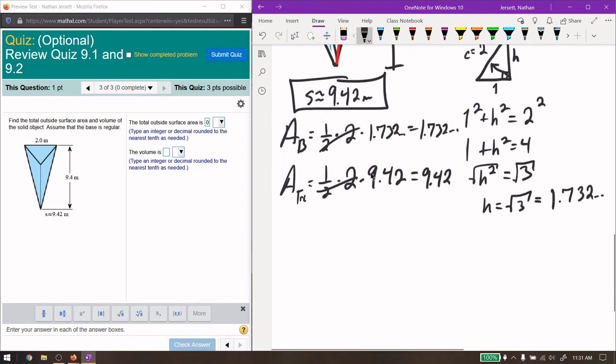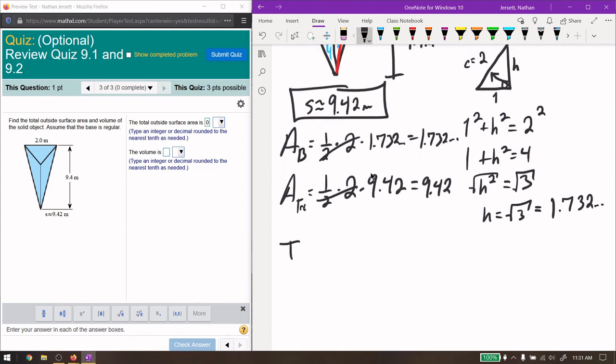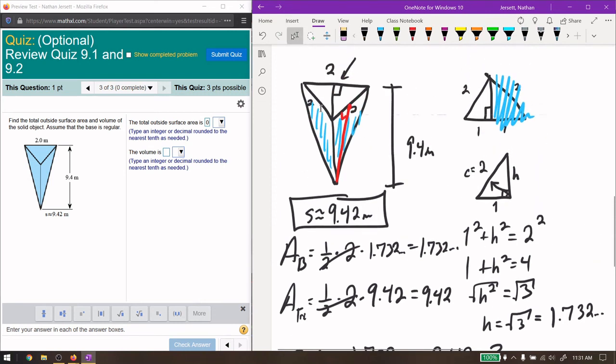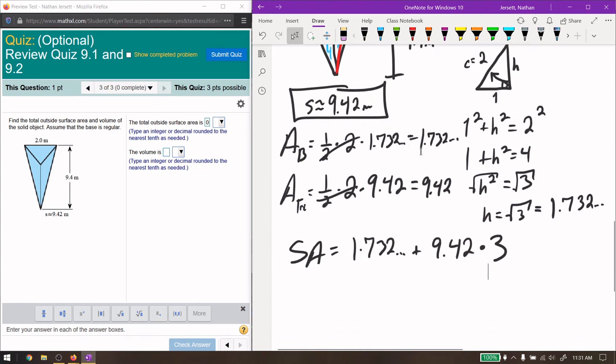Okay, the total surface area then, SA, is going to be the area of the base plus all 3 sides at 9.42, because there's 3 of these blue sides here. There's this one, and then the back one is also added in there.